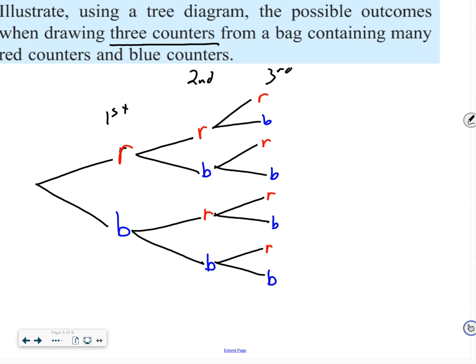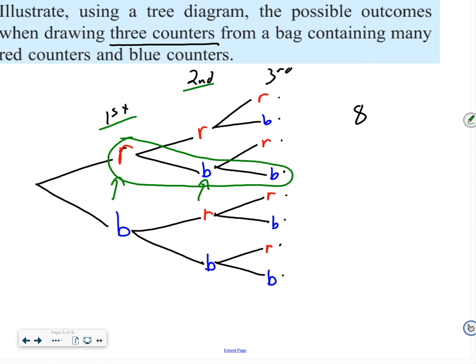So I can see in this experiment I have 1, 2, 3, 4, 5, 6, 7, 8 different outcomes, and each branch represents a unique outcome, where let's say this branch here represents getting a red one on your first choice, a blue one on your second choice, and a blue one on your third choice. Okay, and all possibilities are listed here in our sample space with this tree diagram.